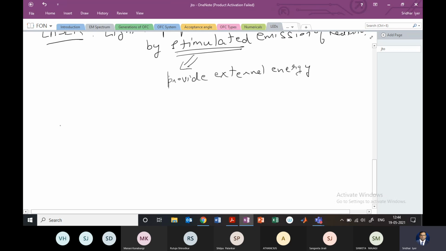So I'll draw absorption. So you have the conduction band here, you have the valence band here. So the electrons are here in the stable state, right? Now, in the case of absorption, there was an energy, right? So I'll write it as E. There was an energy here, and there was an energy here, right? So this is the case of absorption.